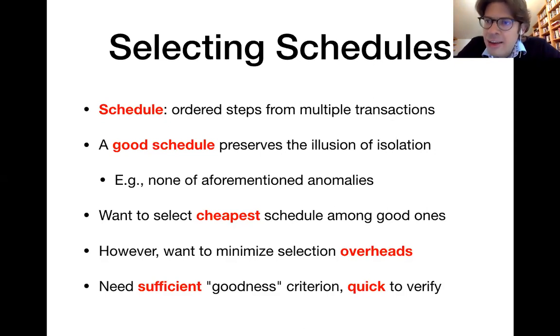On the other side, there might be some good schedules that we are overlooking according to the criterion, because it is only a sufficient criterion and not a necessary criterion. So here we make a compromise, but in exchange, we get a criterion that is pretty quick to verify. So the overheads of concurrency control are low. And in the following, we're going to discuss a few different alternatives.